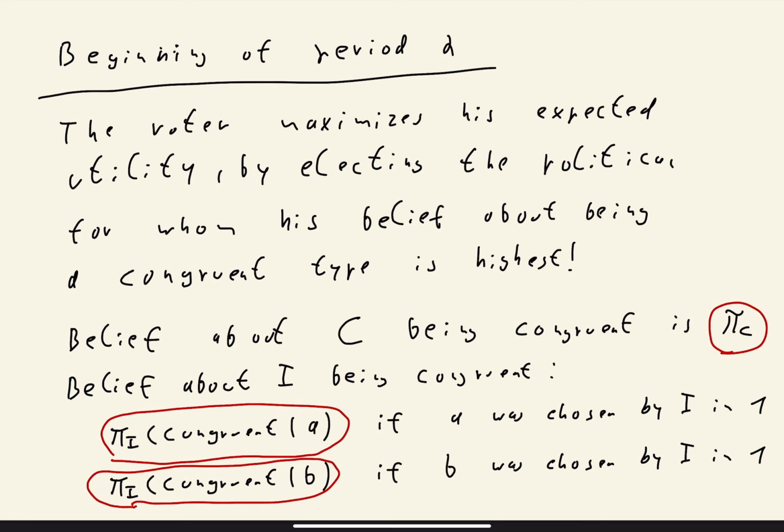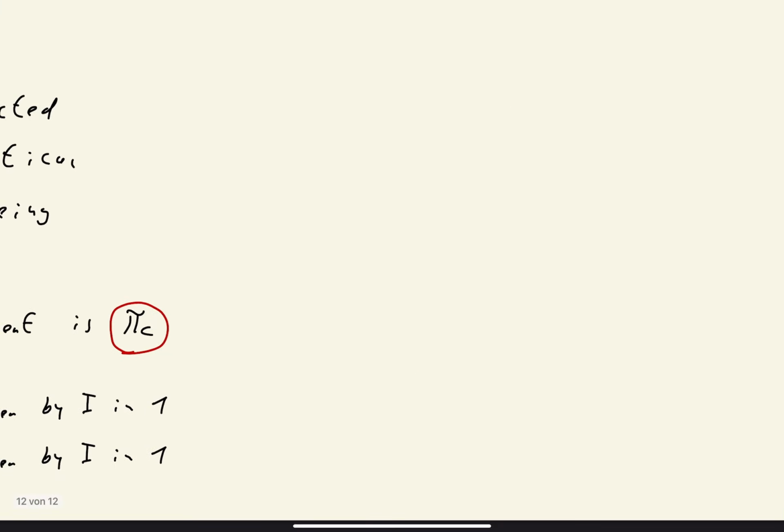So before getting any information about the behavior of the incumbent, the voter believes that the incumbent is of a congruent type with probability pi I. If I simply write pi I without the parentheses here, I'm thinking about the ex ante belief, else I'm specifying that it's about the conditional belief. Okay, so now, as I said before, we can link those beliefs in the following way.